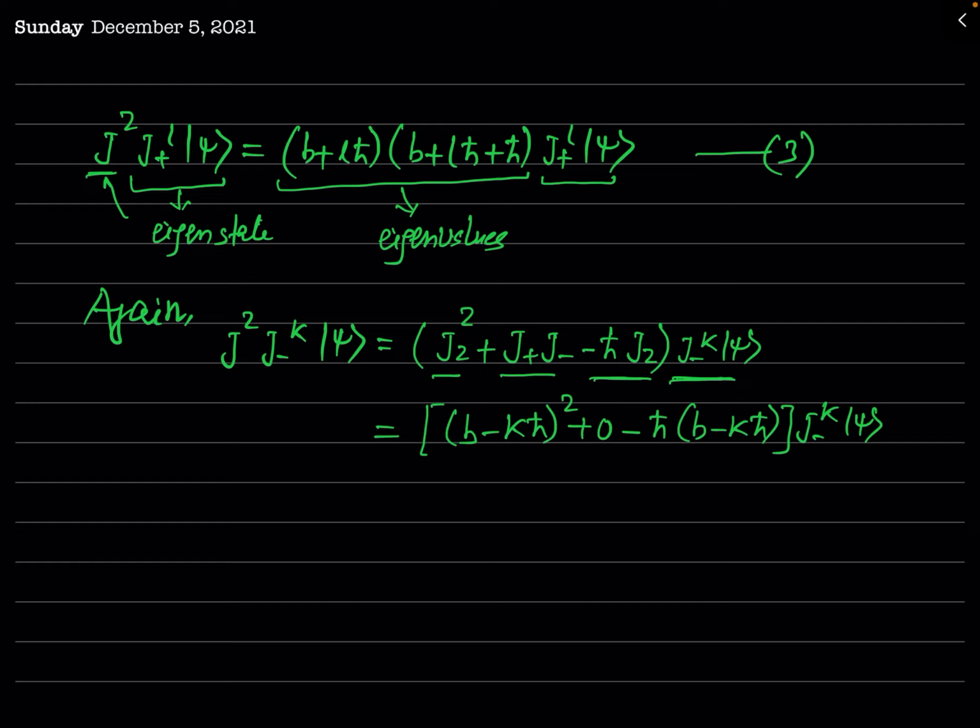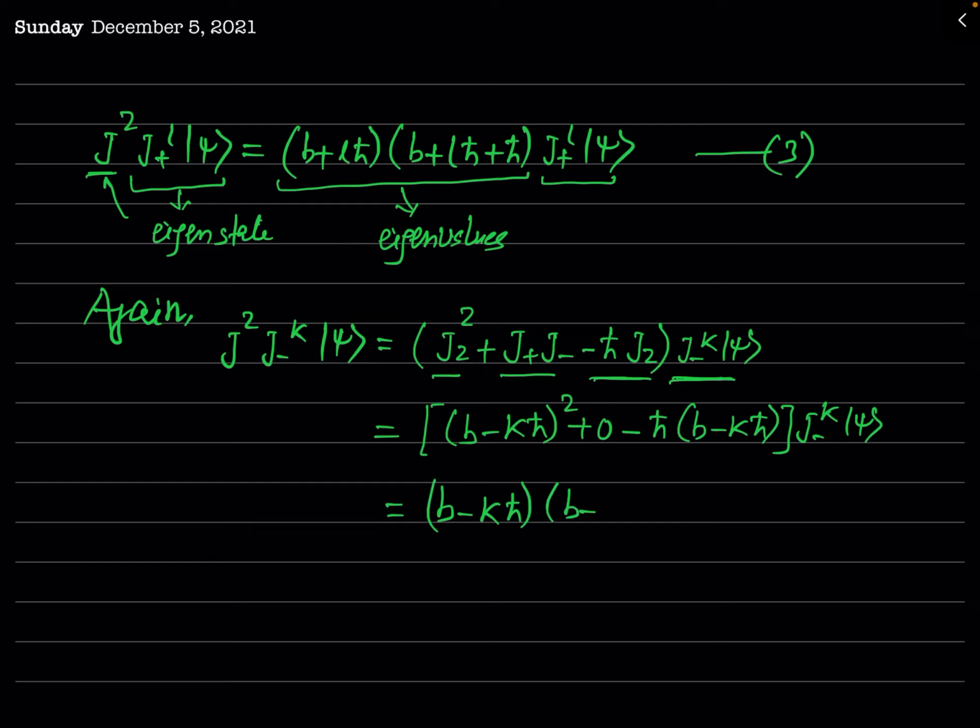So finally we can take again this (b − kħ) as a common factor, and when you take (b − kħ) as a common factor, what will be the result?